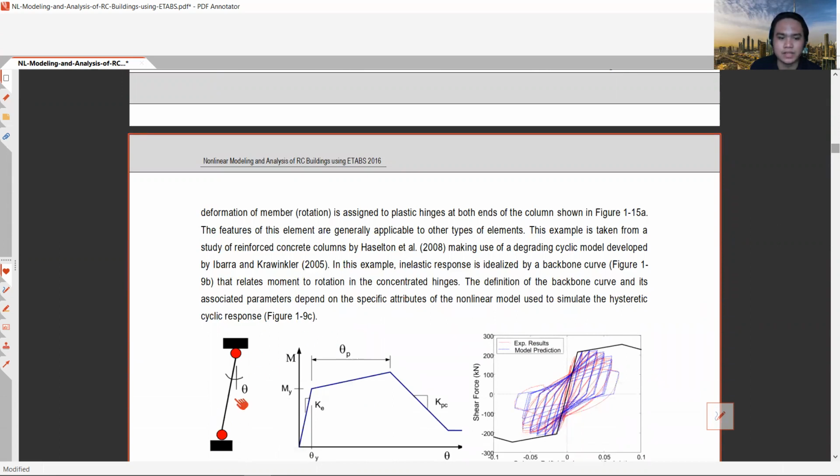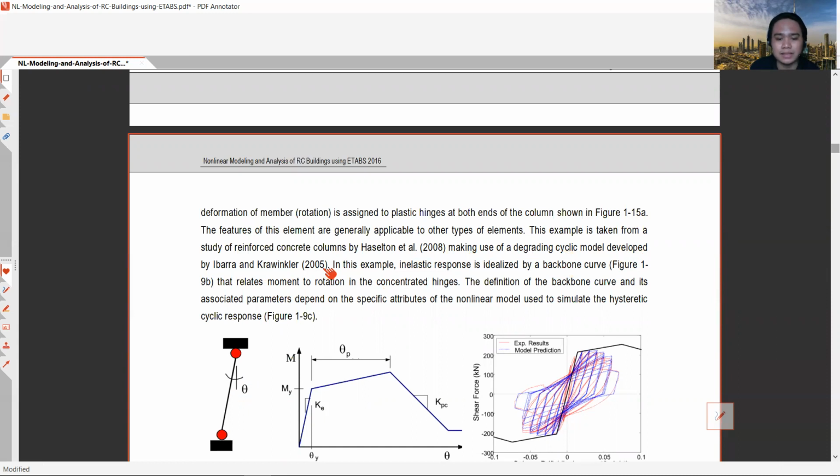Okay, so the features of these elements are generally applicable to other types of elements. So this example is taken from the study of reinforced concrete columns by Haselton et al. in 2008, making use of the degrading cyclic model developed by Ibarra and Krawinkler in 2005.